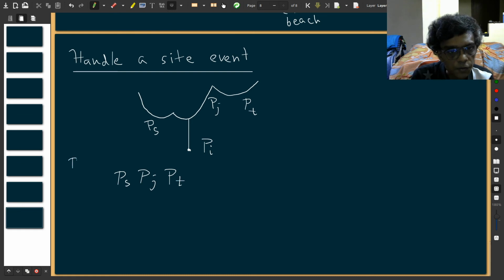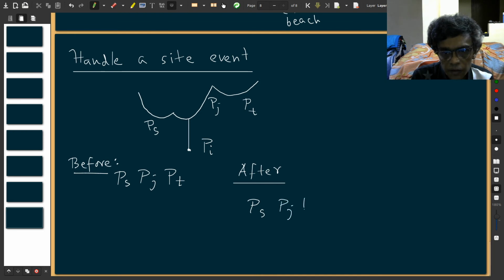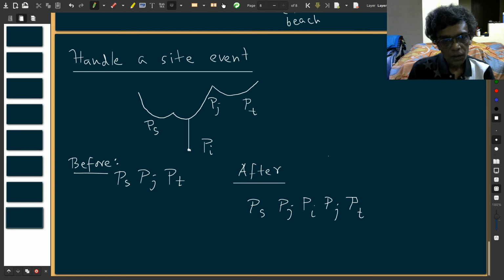Okay, so this is before the site event. After the site event occurs, I have a situation like this, Ps, Pj, Pi, this Pj is broken in two parts, Pj, Pt. Okay. So now what happens?